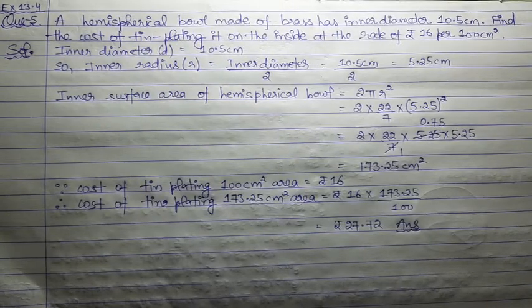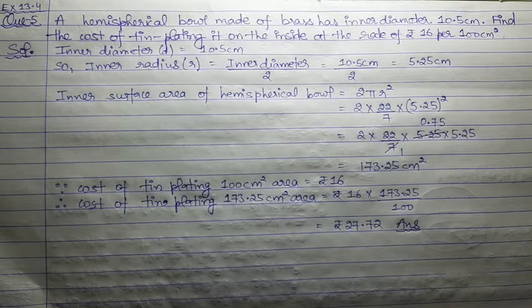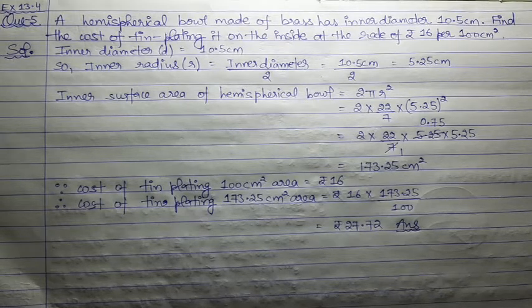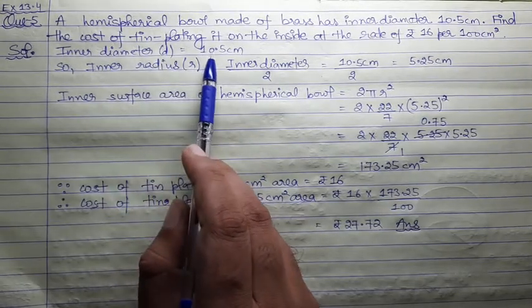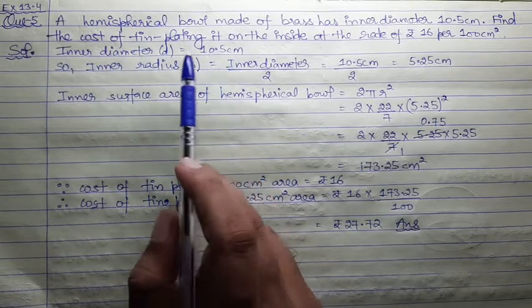Exercise 13.4, question number 5. A hemispherical ball made of brass has inner diameter 10.5 centimeter. Find the cost of tin plating it on the inside at the rate of rupees 16 per 100 centimeter square. Here, let inner diameter be small d, which is given 10.5 centimeter.